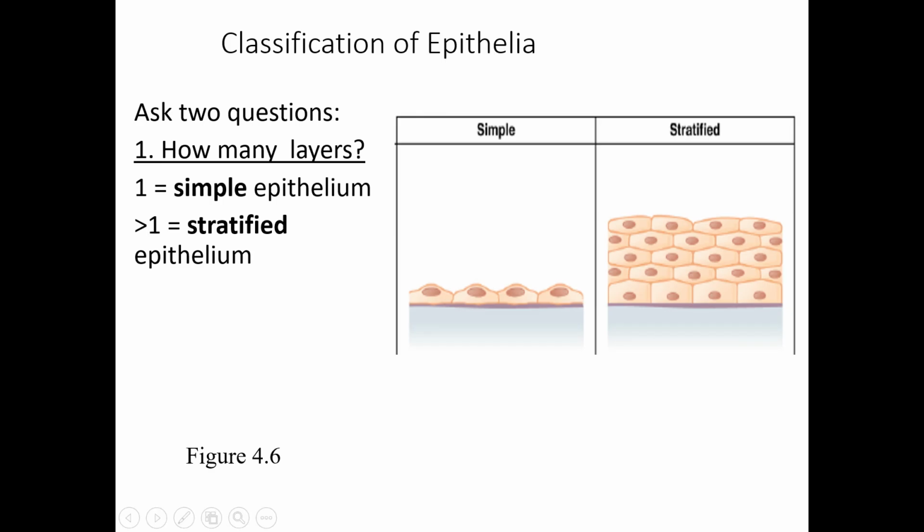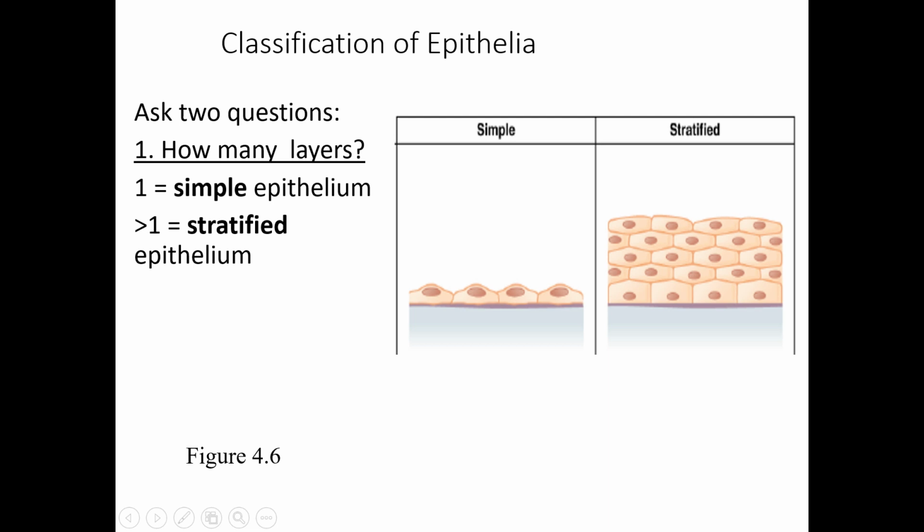Now we'll talk about classification of epithelia. First of all, when we are looking at epithelial tissue, that layer that has an apical edge and basal membrane, we need to ask how many layers we see. Sometimes we see just one layer of cells, and that would be simple epithelium.